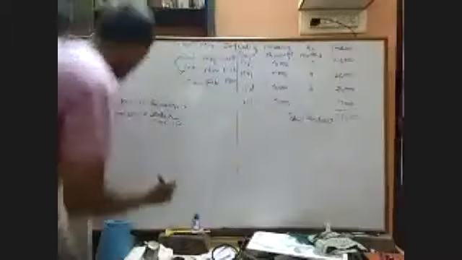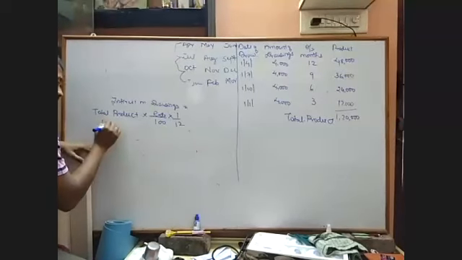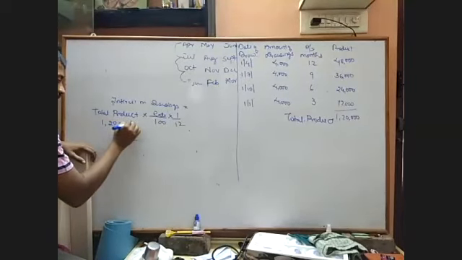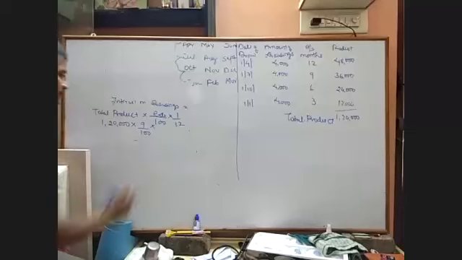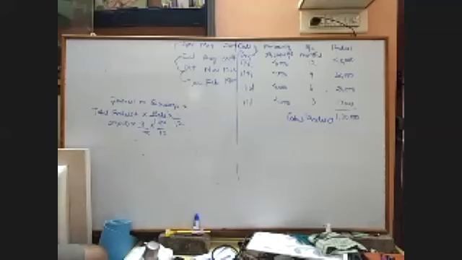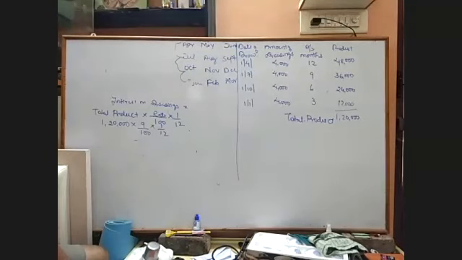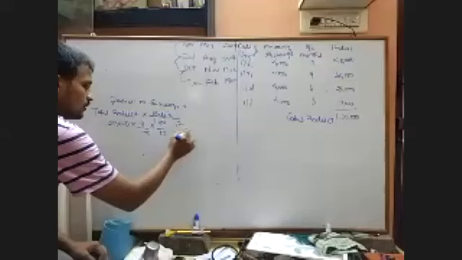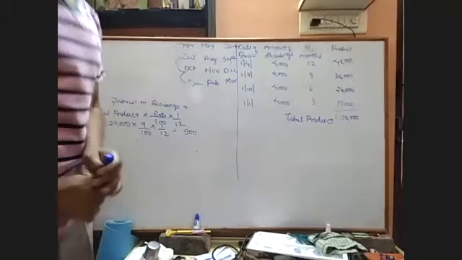Okay, 1 lakh 20,000, into what is the percentage? 9. Into 9 divided by 100 into 1 divided by 12. So check how much it will be: 1,20,000 into 9% into 1 by 12. 900, sir. Okay, so 900 is the interest on drawings.